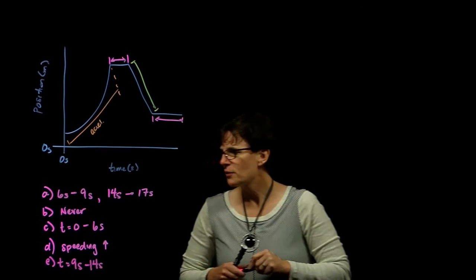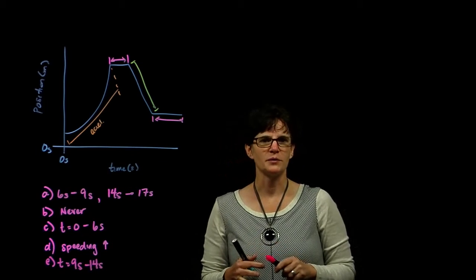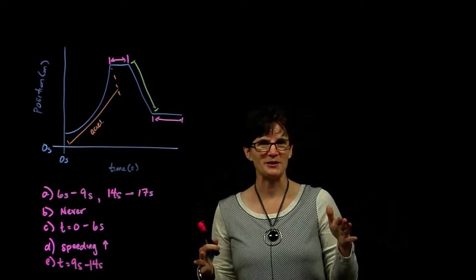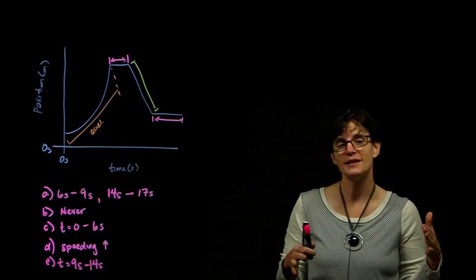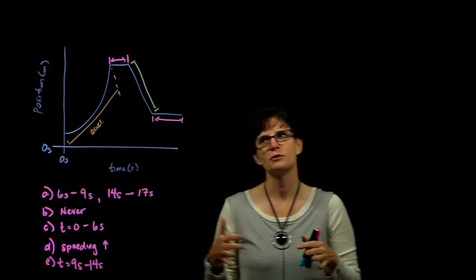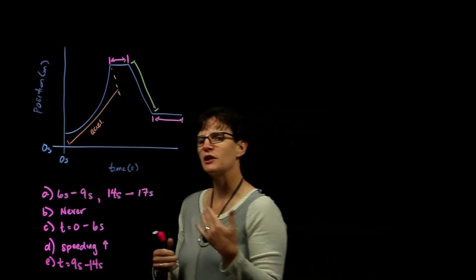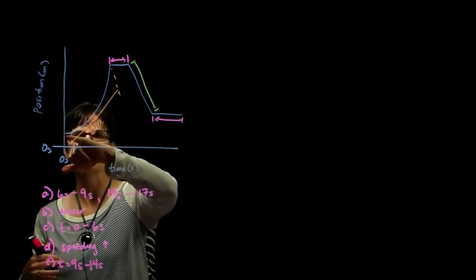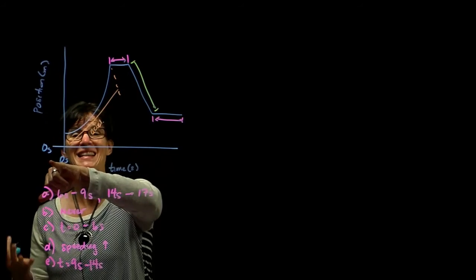Okay, and at what point does the object turn around? All right, so turning around means we're going from one direction to the other direction. So if I'm moving in the positive direction, I move to the negative direction. If I'm moving in the negative direction, I've changed and moved to the positive direction. So if I look at the graph as it progresses, I'm moving in the positive direction. My positions are getting further and further away from the origin on the right side.